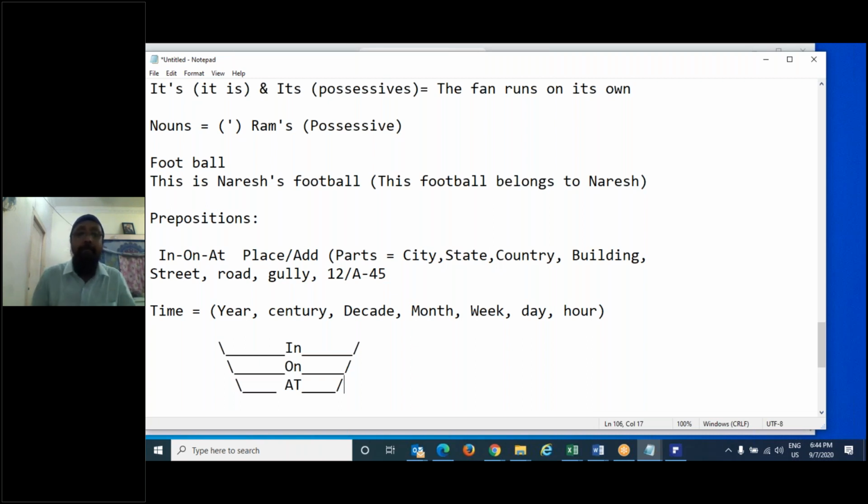It is definitely in. That means in the address, that place literally occupies more place. City occupies more place, state occupies more place, country occupies more place. At the same time, maybe a building, or you can see a neighborhood, like a colony.